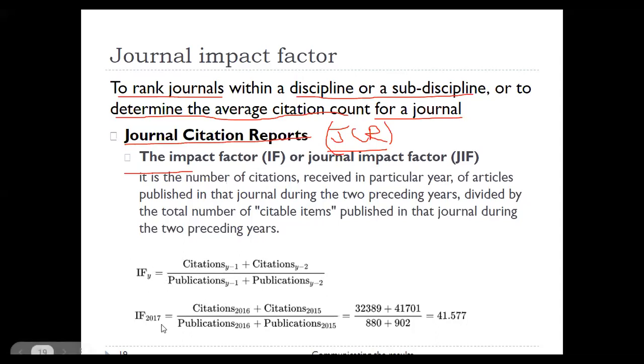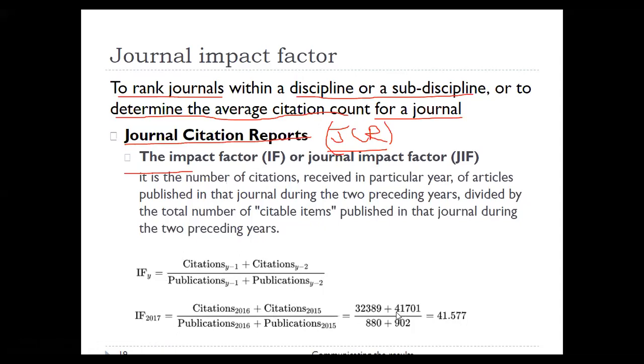For example, if you want to measure the impact factor of a particular journal in 2017, you will see the citations received in 2016 and 2015 by the research articles published in the given journal.